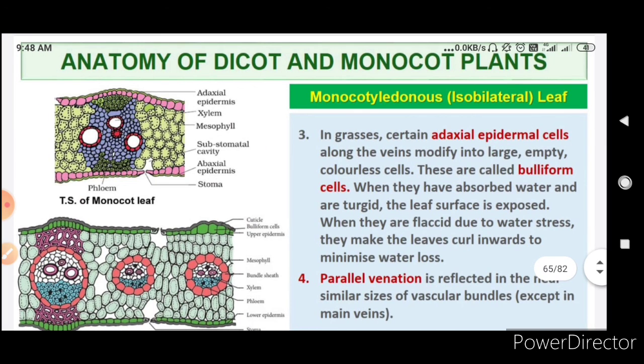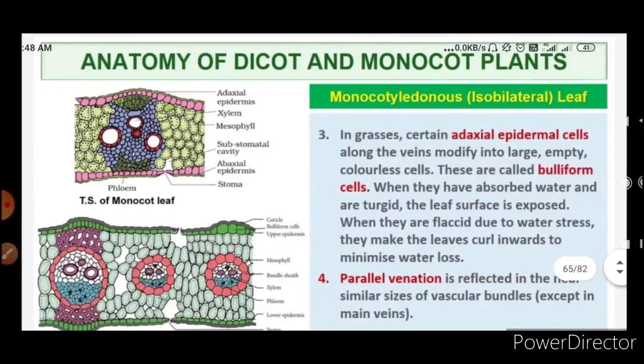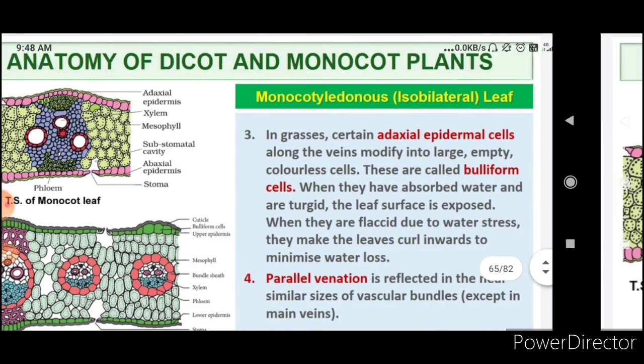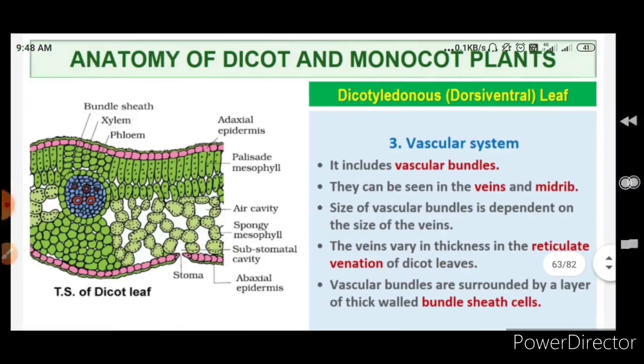Another difference is that in monocot similar sizes of vascular bundles are present in the veins, while in dicot, depending on the thickness, a variety of vascular bundle sizes will be present. So this was all about the anatomy of dicot and monocot leaf.